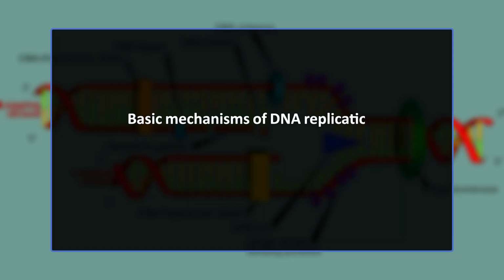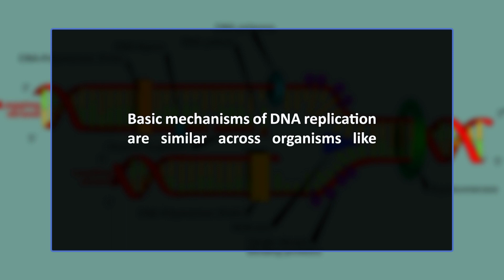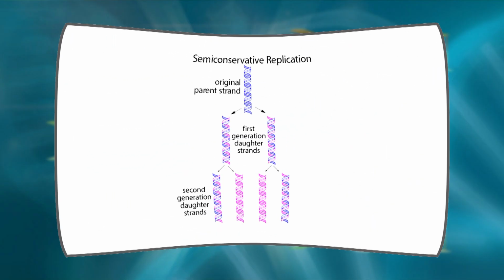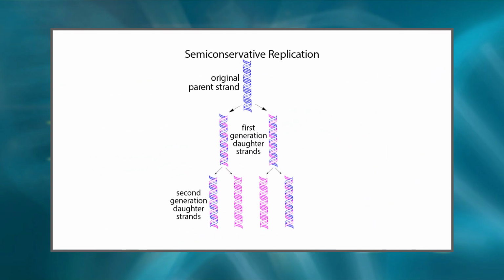The basic mechanisms of DNA replication are similar across organisms like humans and other eukaryotes. DNA replication is semi-conservative, meaning that each strand in the DNA double helix acts as a template for the synthesis of a new complementary strand. Cells need to copy their DNA very quickly and accurately with very few errors.